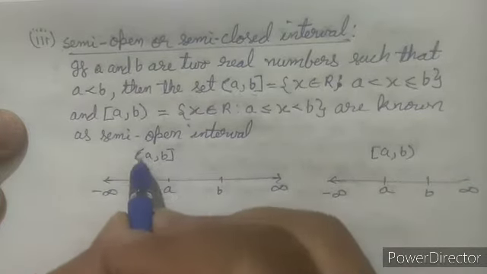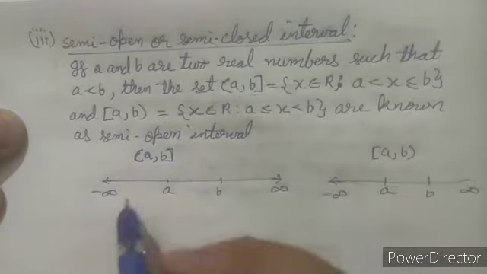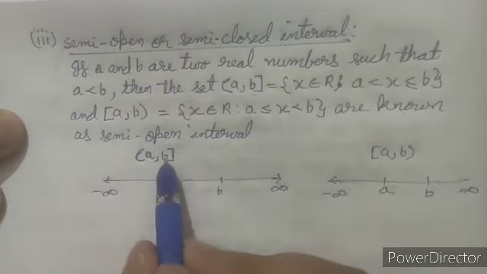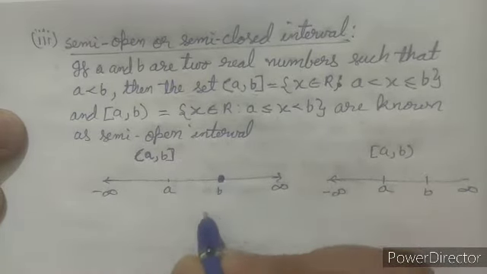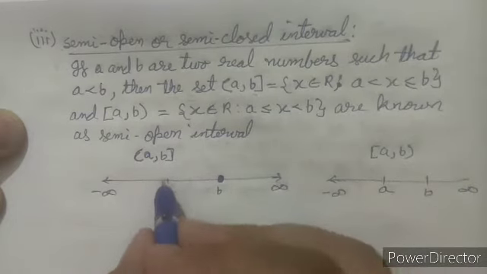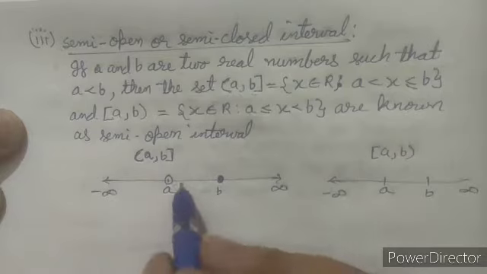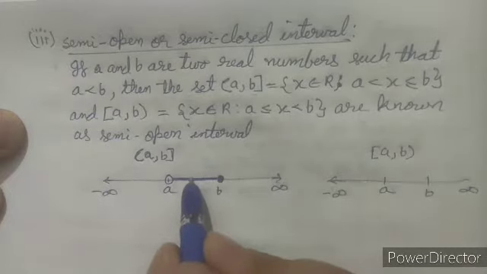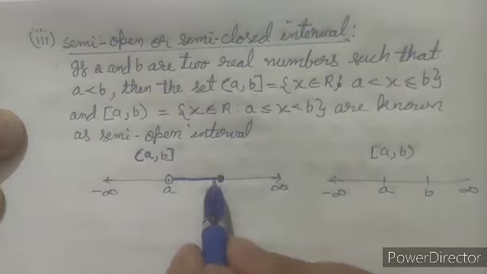Now in interval (a, b] means that a is not included and b is included. So we will darken this b as b is included in the real numbers and a is not included, so it will be represented by an open circle, and on joining a and b we will get the real numbers from a to b.